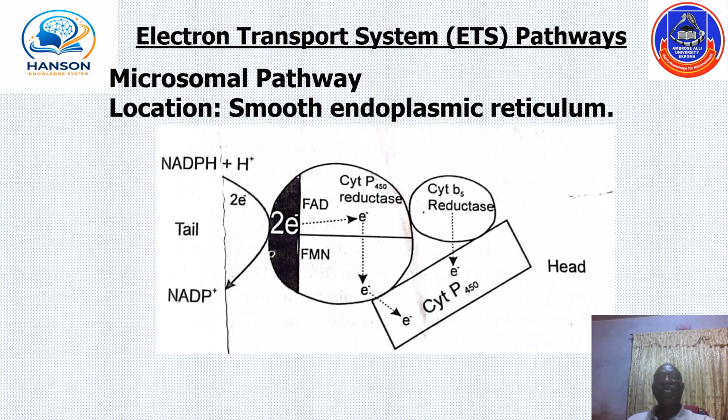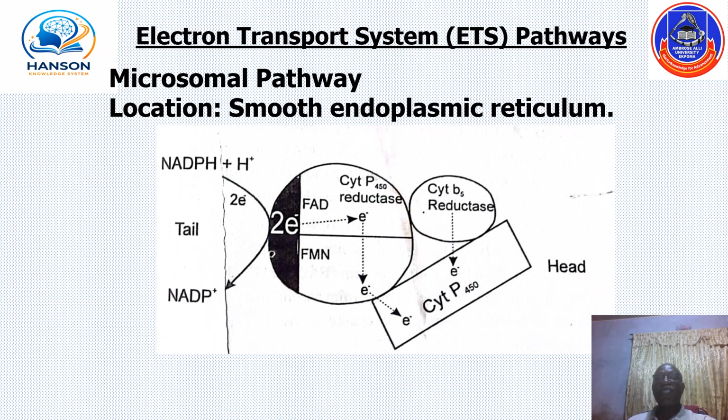Now the other pathway, the microsomal pathway, is located in the smooth endoplasmic reticulum. Here we also have an electron donor donating its electron to cytochrome P450 reductase, to cytochrome B5 reductase, and then to cytochrome P450.